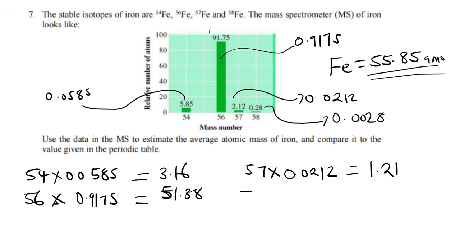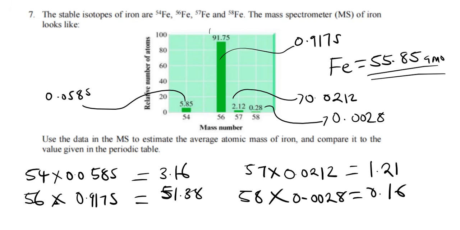Then I come to the last one, which is 58. This is multiplied by 0.0028. So 58 multiplied by 0.0028, I'm getting 0.16.